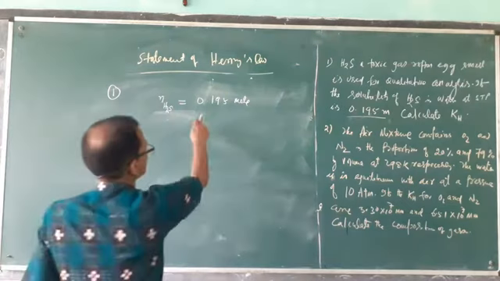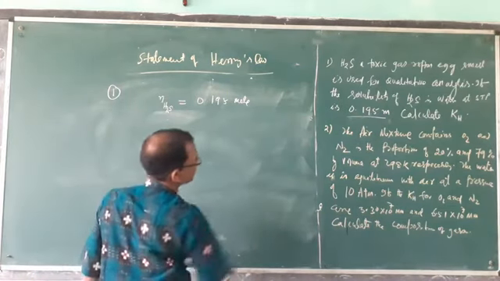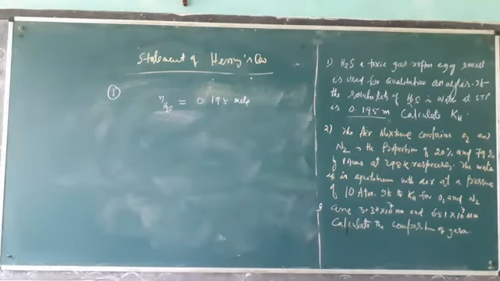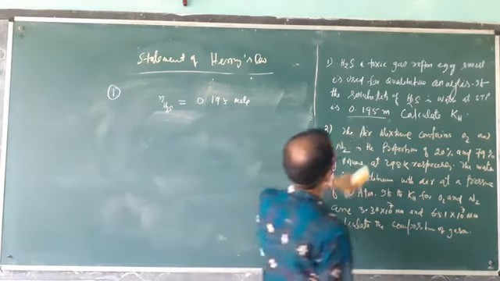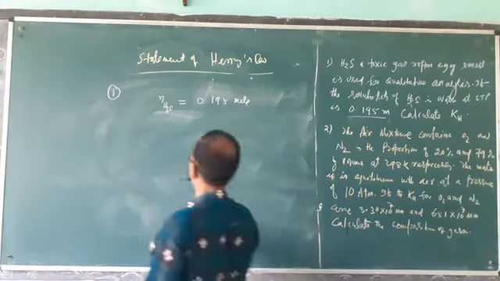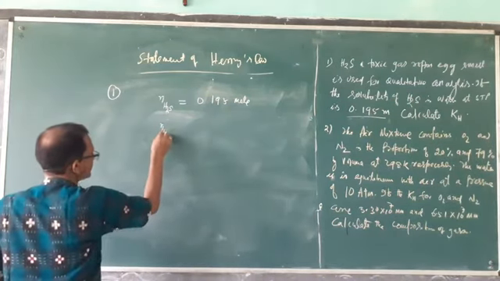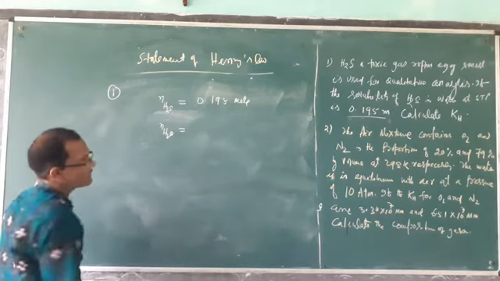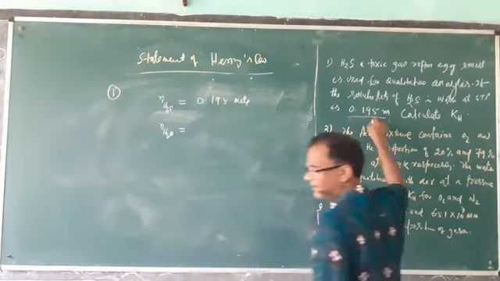Then the second part: H2S is dissolved in what? Water. So the number of moles of water, as molality means per kg.